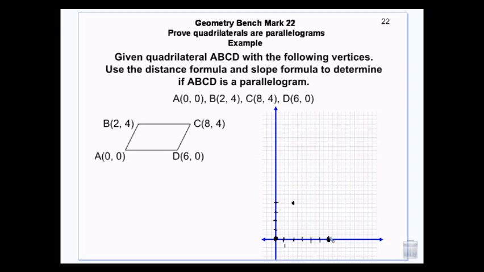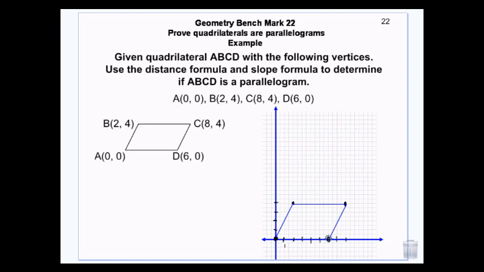And then 8, 4 is right there. Now I'm going to connect my dots and make my shape, the quadrilateral that I'm trying to prove is a parallelogram.